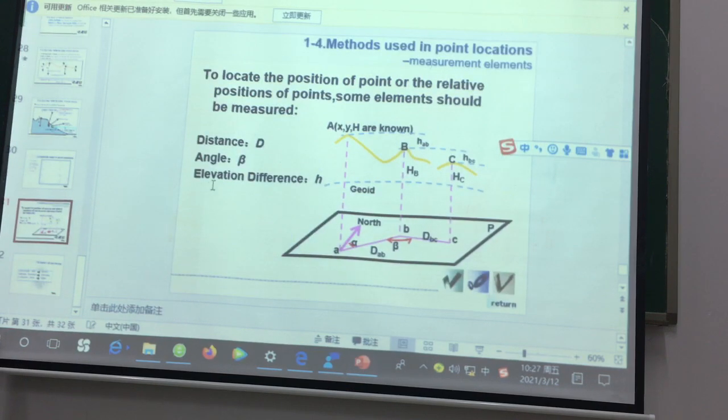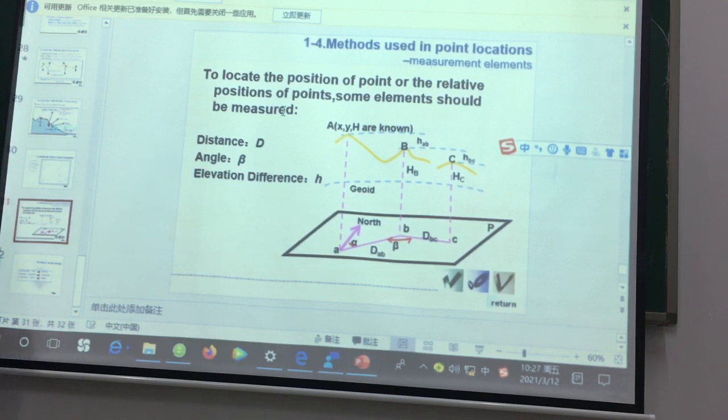And to locate the position of points or relative position of points, some elements should be measured. That means these three elements are the most important things we survey in this subject, in survey and mapping or laying out.